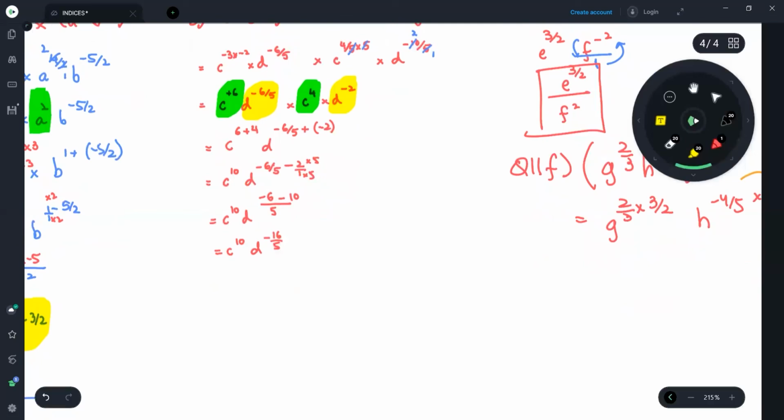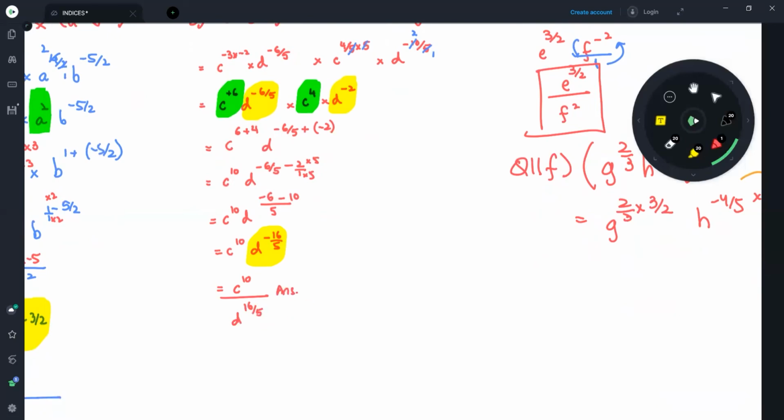Now can you tell me which one is the negative power? Can I say that d has a negative power? Yes. I'm going to take this down as a denominator. So it's going to be c to the power 10 over d to the power 16 over 5. Understood? Sir, where did the minus go? Because you have a denominator 1.